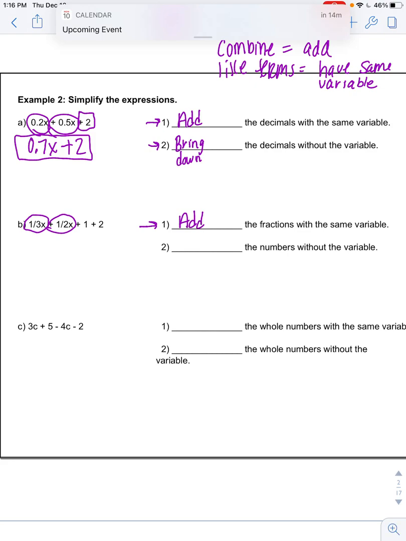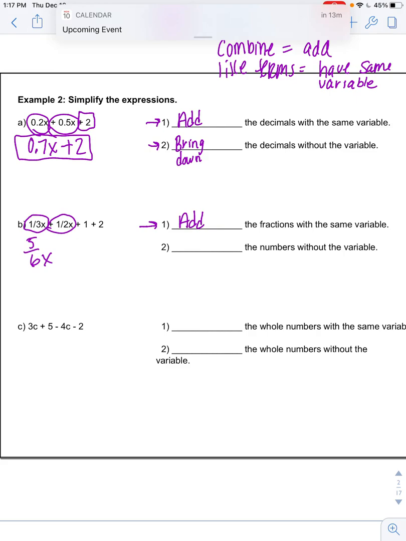So we could add 1/3 and 1/2. Sorry, yeah, switch calculators. We got 1/3 plus 1/2 to give us 5/6 x. Okay?